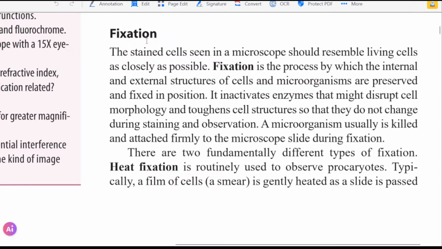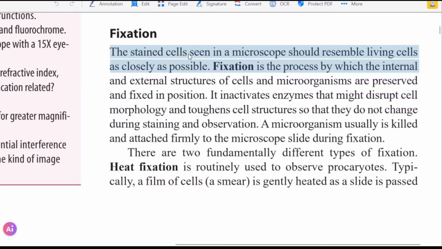So, fixation. The first process is fixation. Before staining, you have to fix the specimen that you want to study, right? The stained cells seen in the microscope should resemble living cells as closely as possible, right?